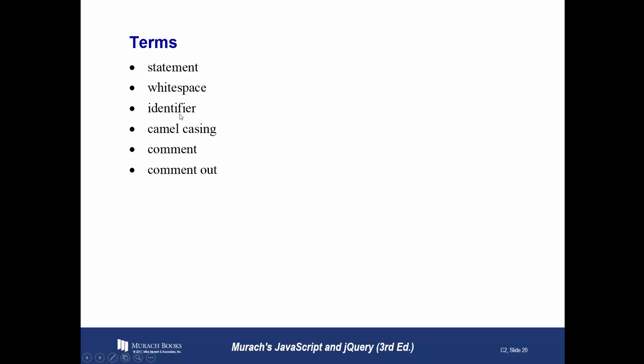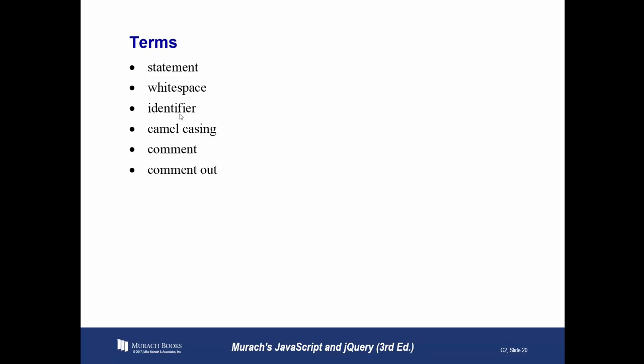Some JavaScript statements that you should be aware of. Statement: a JavaScript statement is basically an executable line of code that should end with a semicolon. Whitespace, which is hitting the space bar or the tab key or the enter key.